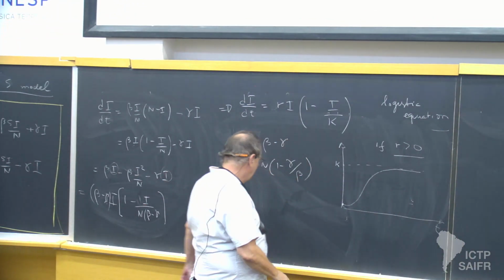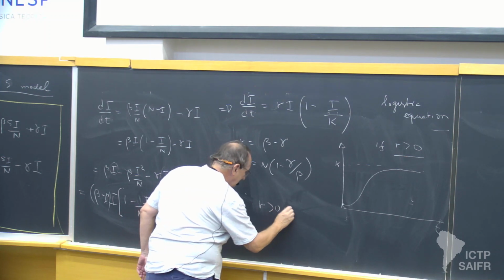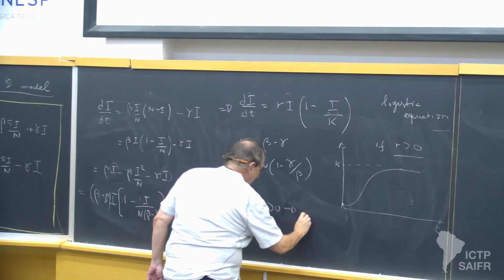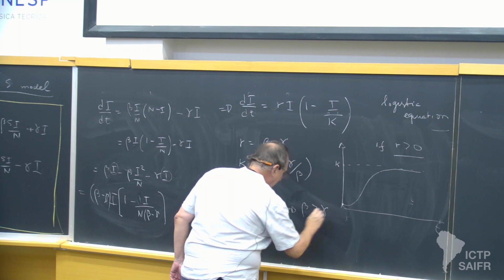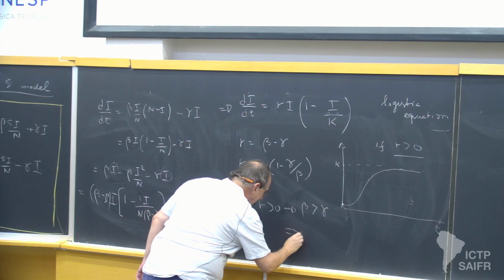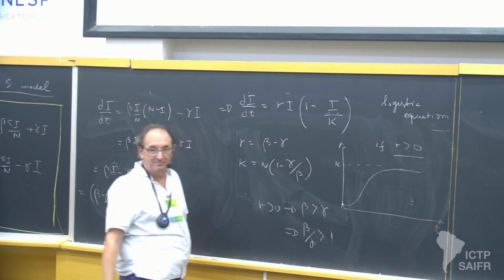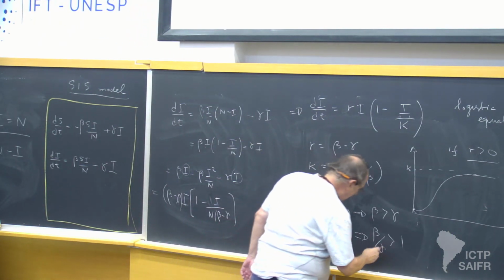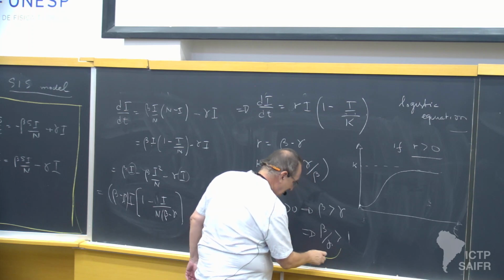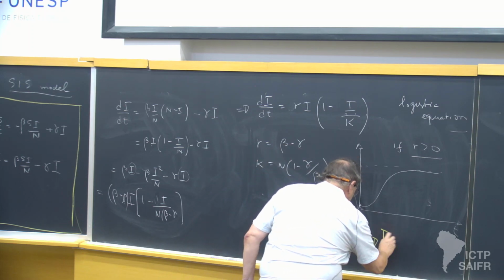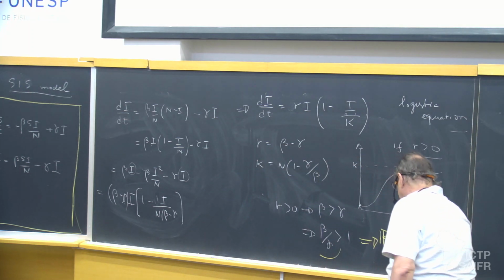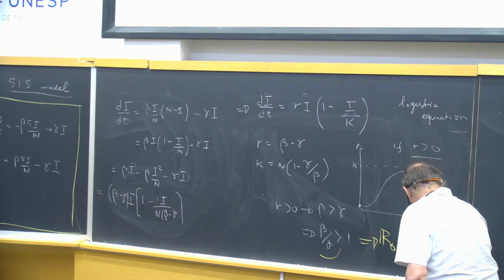So r positive means that beta is bigger than gamma, which you can rephrase as beta over gamma bigger than 1. And this is usually called R0, which is beta over gamma.